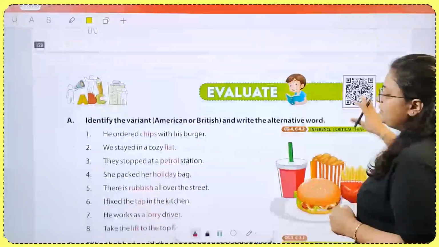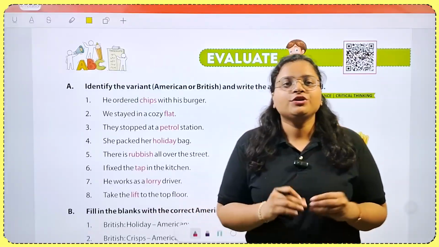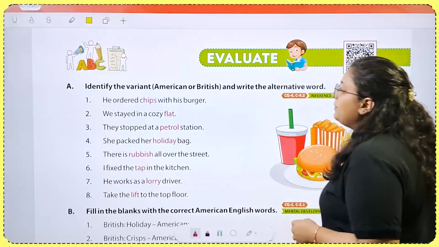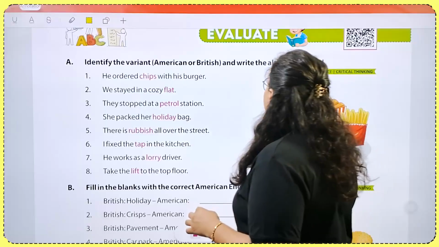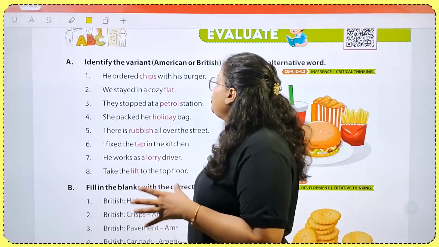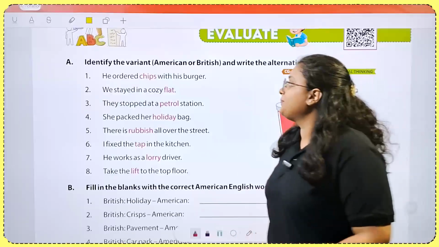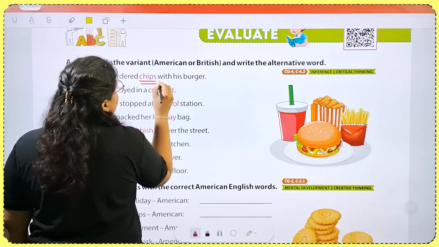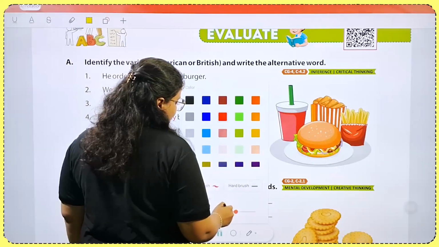Okay, so now let's evaluate ourselves, kids. Let us try to solve the exercise. Identify the variant, American or British English, and write the alternate word. He ordered chips with his burgers. So the word chips is a British word, and in American English they say French fries.